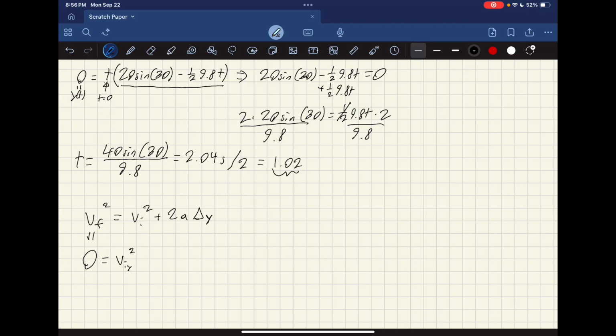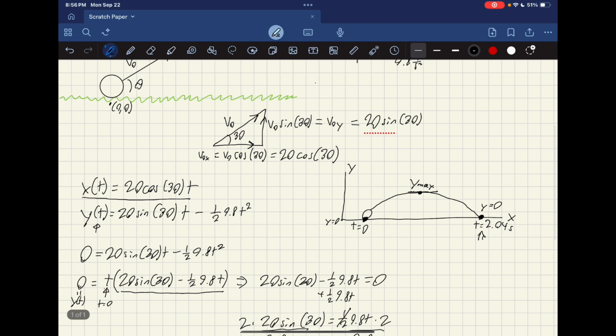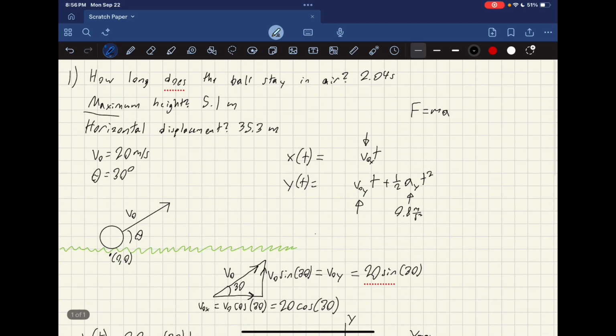And this 0 comes from, we would solve for the final velocity at the top of the arc, plus 2 acceleration in the y direction times delta y. And then you could rearrange this equation. We found v initial y earlier. We know the acceleration in the y direction. So you could rearrange this equation to solve for the change in y at the maximum point, which would give us our maximum height of 5.1 meters.